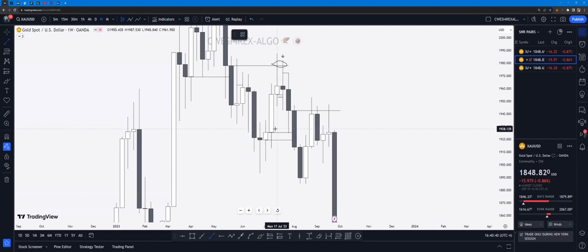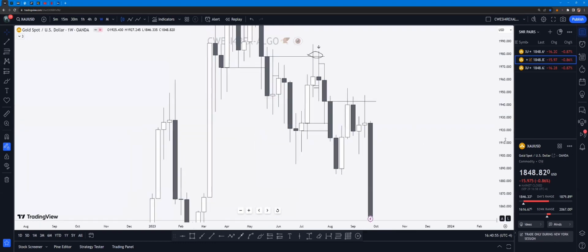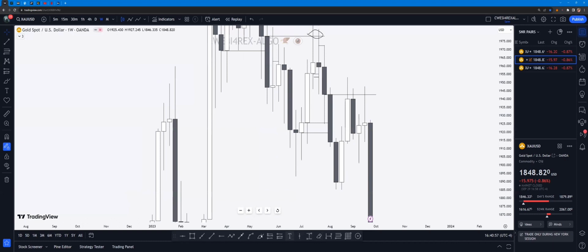This one is fresh. You can see price came, mitigated this level, gave us this pullback, right? But what happened? Price dropped. Now let me explain. Let me show you guys where this sell is coming from.